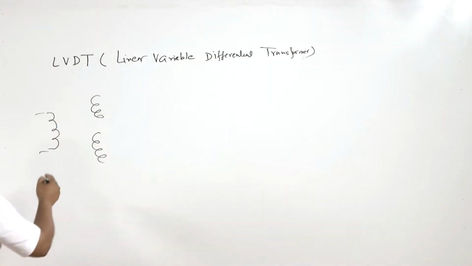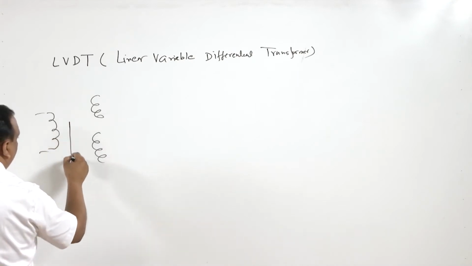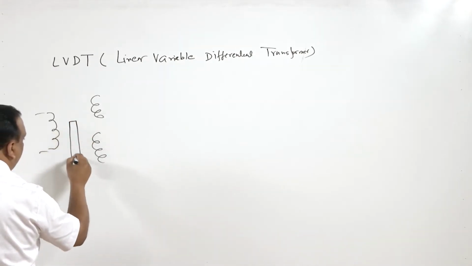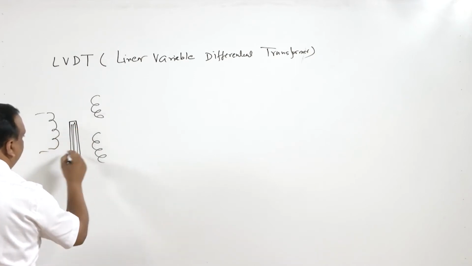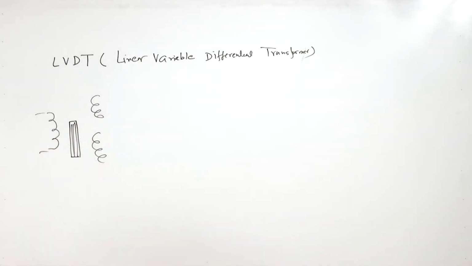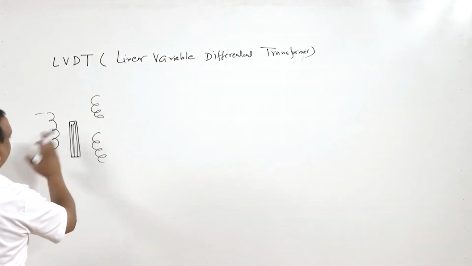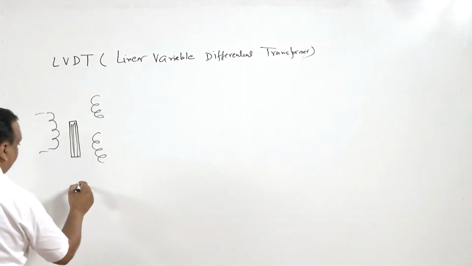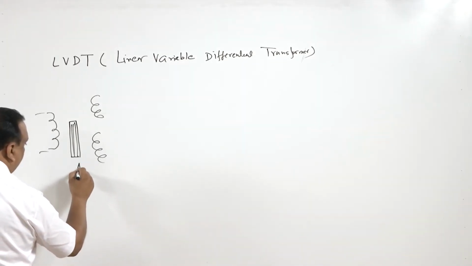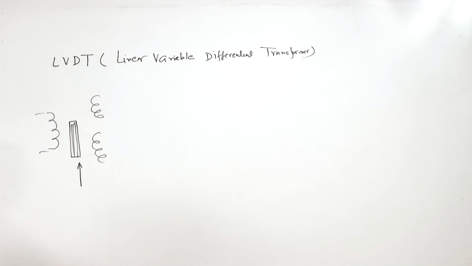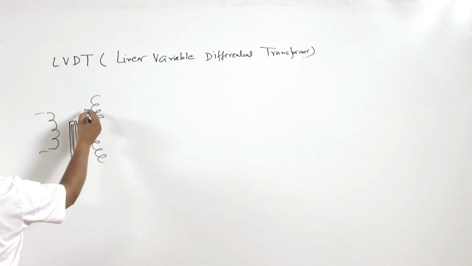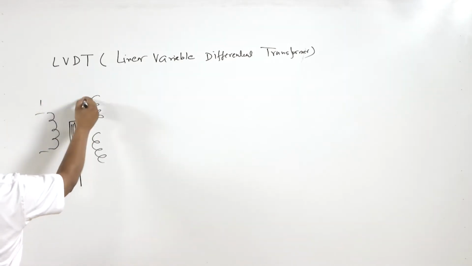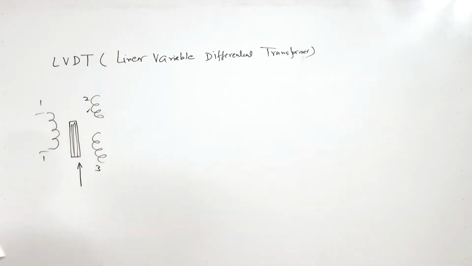Now, between these coils, we simply put an iron bar or an iron rod, so the flux interaction between the coils can be increased. This is called the core. When the core moves in either direction, there is a flux interaction between coils 1 and 2 and 1 and 3, and due to this an induced EMF is produced.